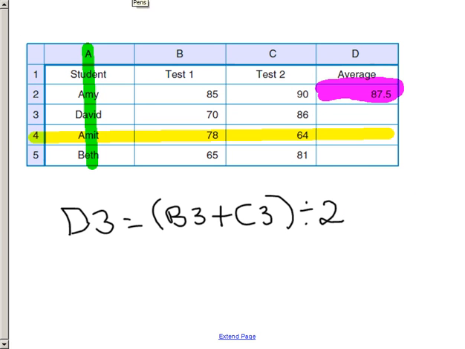So if I want to calculate what goes in D3, I will take the score that is in B3 plus the score that is in C3, and I will divide by 2 to get that number. So there's an example of a spreadsheet with cells and rows and columns, and these cells can be used to help us write a formula.